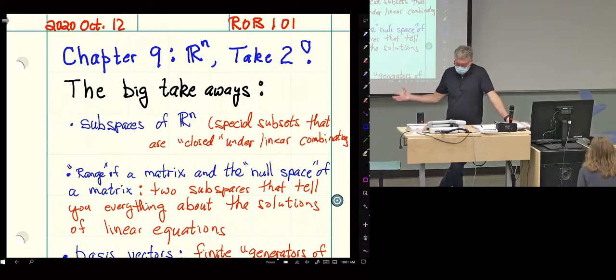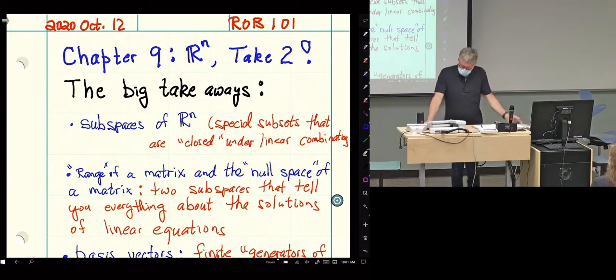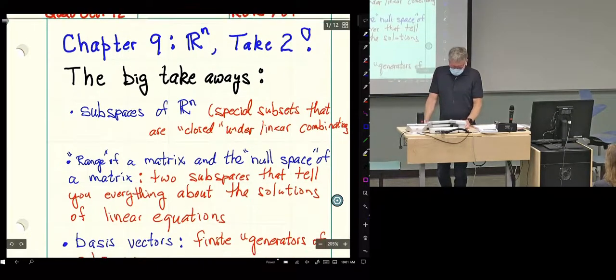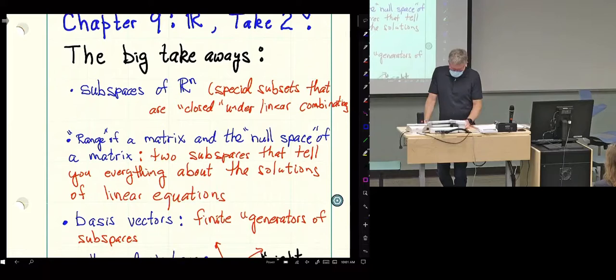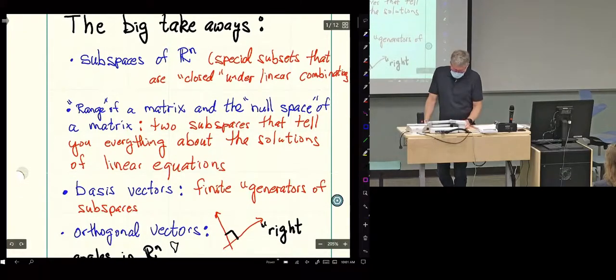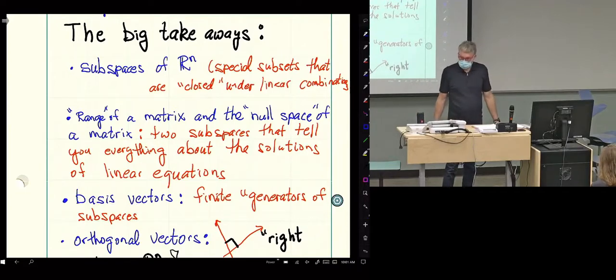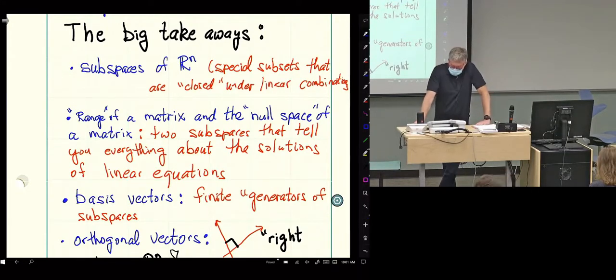But before we get there, there's some tools in the linear algebra toolbox that we need to go through. And so this chapter is called RN Take 2. So the big takeaways we're going to have are there special subsets in vector spaces that are closed under linear combinations.